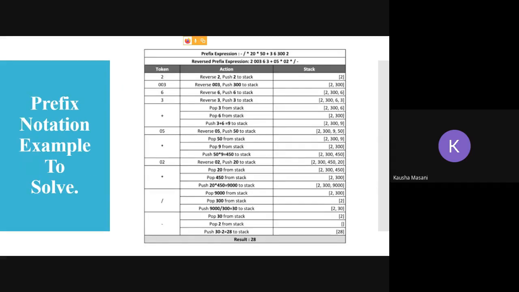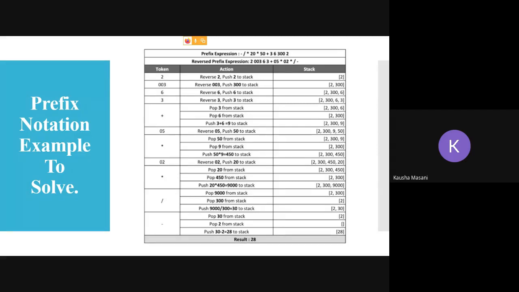In some of the books, this kind of example is also given. So do not worry that we have not seen anything like this. This kind of method is also adopted in some of the reference books. So that's why I kept this image, which is taken from that reference book. Nothing new is done.